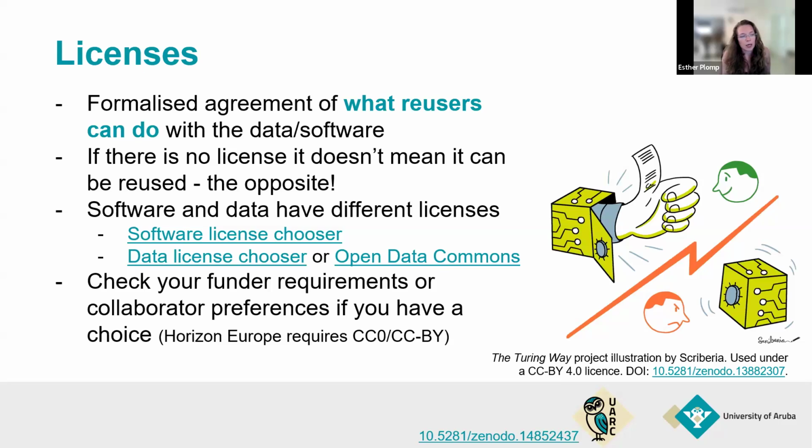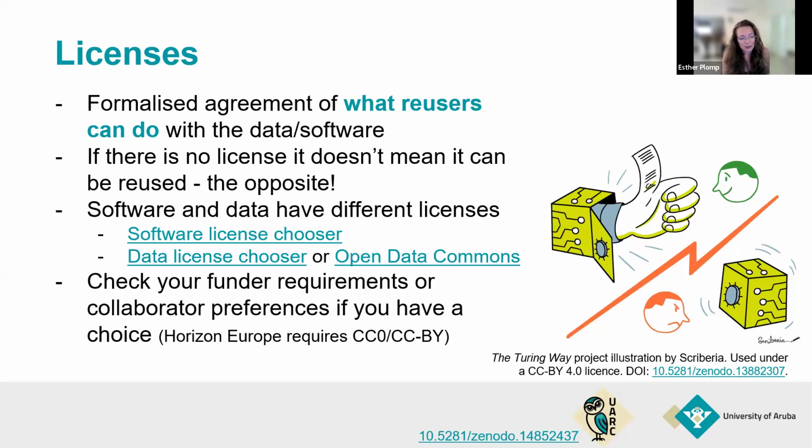And I won't go into too much detail, but software and data have different licenses which you can choose from. And I've listed a software license chooser and a data license chooser, or the Open Data Commons, which you can explore to see what license best fits your needs. And for that, you always need to be considering whether there are any requirements placed upon you and if you are really free to choose a license.